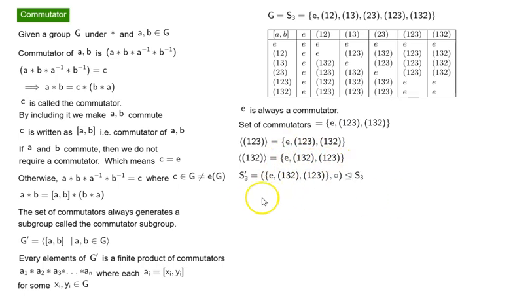Which means the commutator subgroup of S3, S3 prime, is equal to E, 132, 123 under the group operation. And this is always a normal subgroup of S3. So here both the non-trivial commutators generate the commutator subgroup of S3.